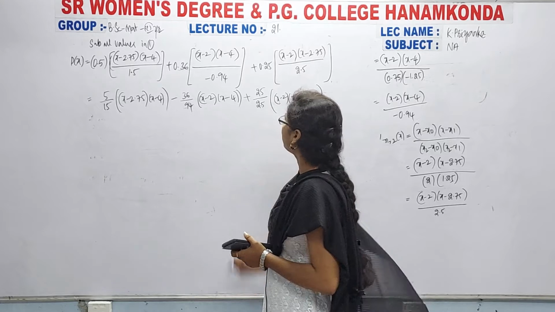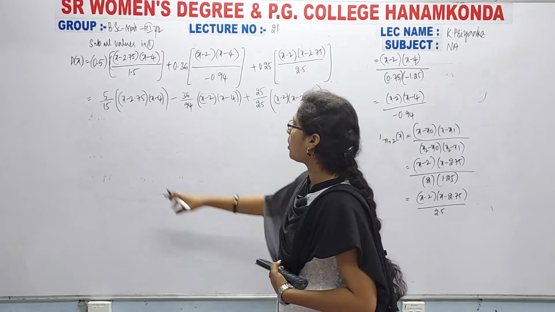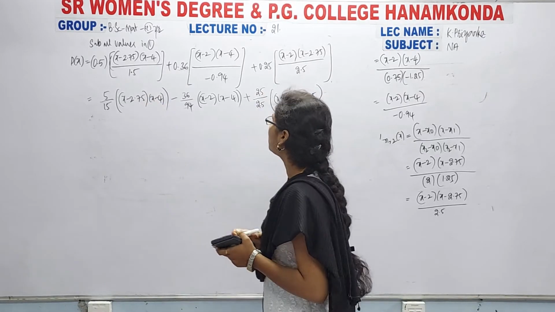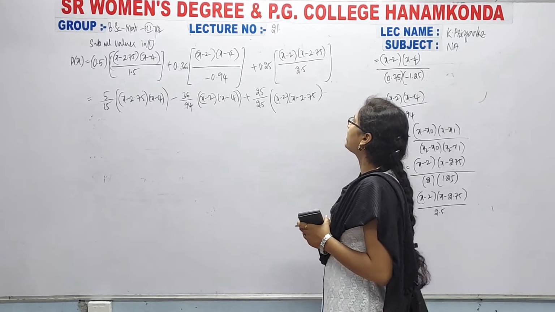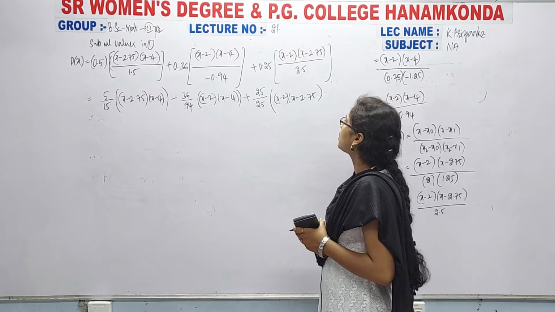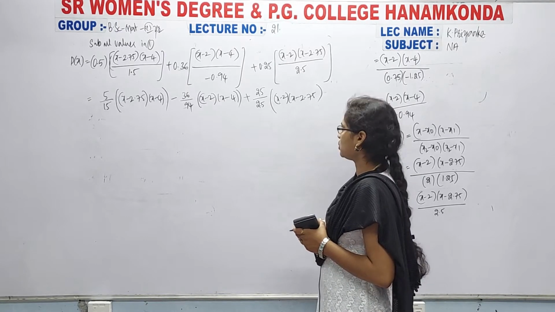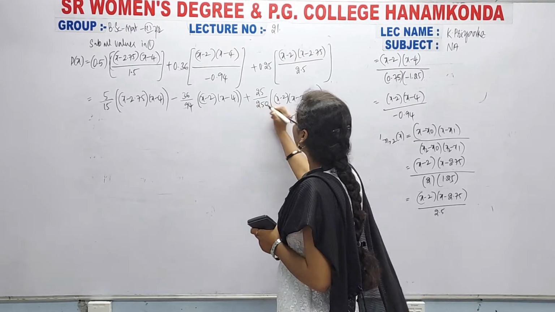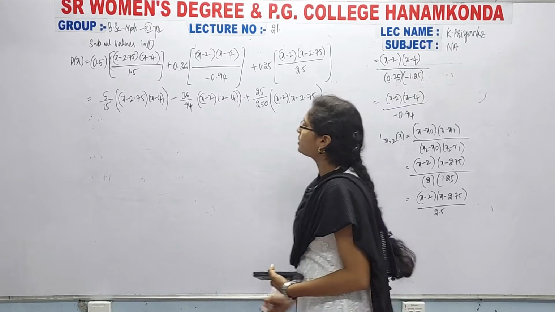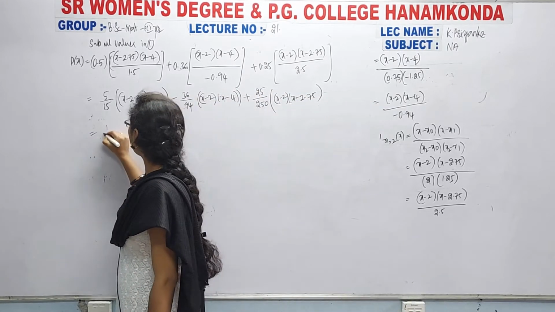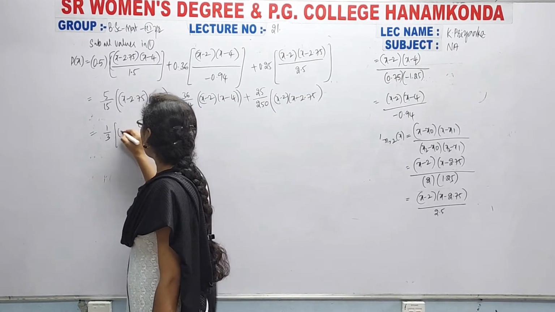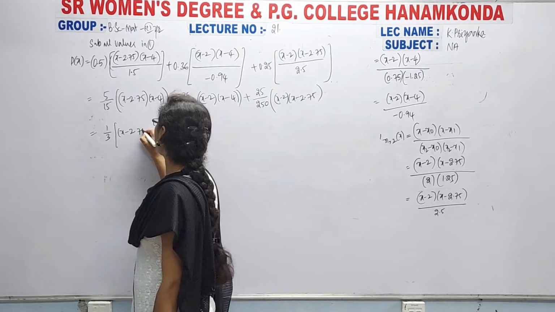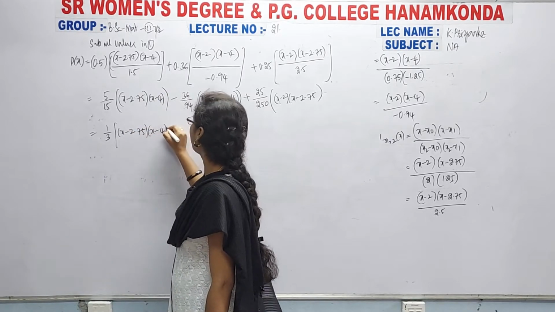Otherwise, 2.5, I have, no, because for all the other values after the point we have 2 digits, but here we have it like this. So now 2.50 also we can keep, so we will get 250. So now 5 by 15 means 1 by 3 of x minus 2.75 into x minus 4.